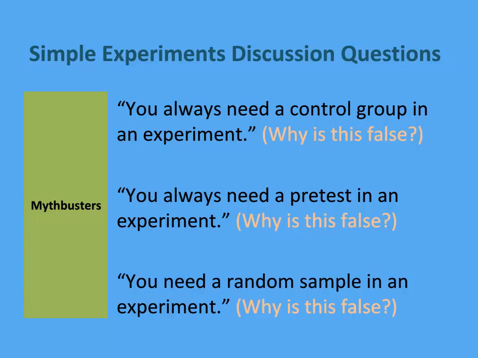So a random sample, again, in some situations, that's the way that you want to go, but not necessarily in every single situation. So it depends on the purpose of your research, it depends on your hypotheses, who you're trying to generalize to. So it's not an always kind of thing with all three of these points.